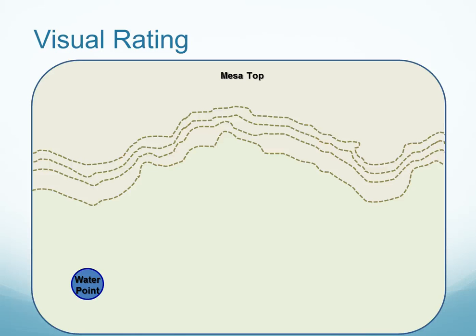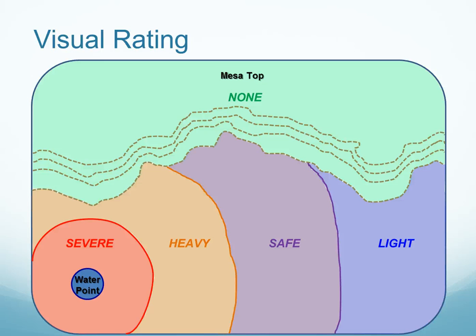So if we look at this diagram of a hypothetical management unit that has some variation in that there's a single water point down here, and we have a mesa up here where there's going to be some steep slopes that make it difficult for animals to access, and then use the visual rating system, we could develop a use zone map such as this, where certain areas, as we would expect near the water point, would have more severe use, very heavy use, and then lighter use as we move away from that because of the inaccessibility due to the terrain.